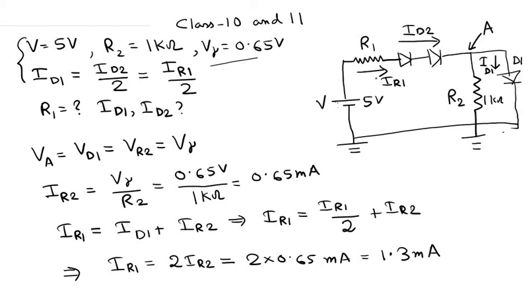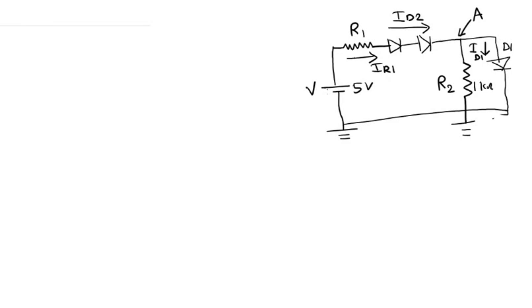Now to proceed from here, we write the equation which satisfies the current-voltage characteristics of this resistor R1. We know that the voltage at the point A is 0.65 volts, which is V gamma, and since these two diodes are in conducting state, the voltage drop across each of these diodes is 0.65 volts, again V gamma.